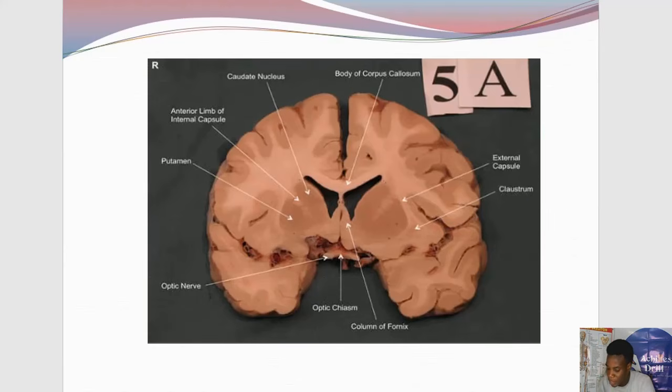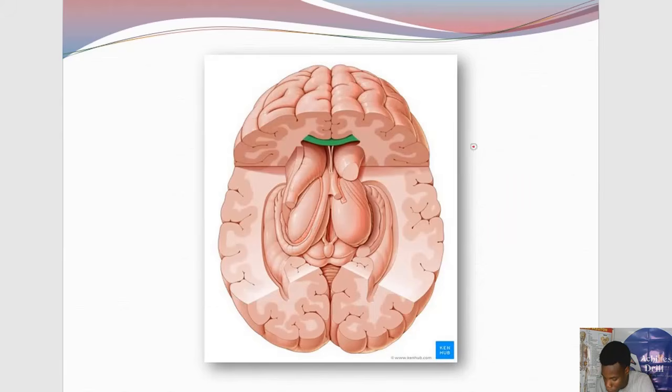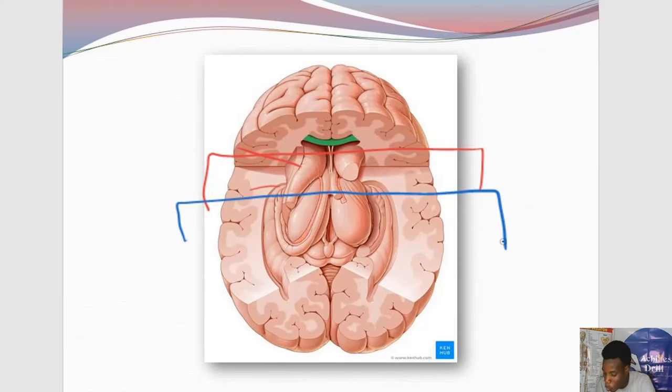Okay, now let's make a further cut into the brain. Okay, so far our cut has been somewhere around here, involving the caudate nucleus, the putamen, the internal capsule. Now I want to make this important cut within the brain. Now this is where a number of questions will be thrown at you.